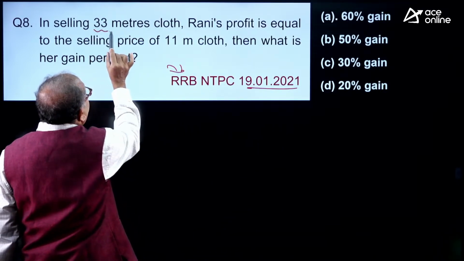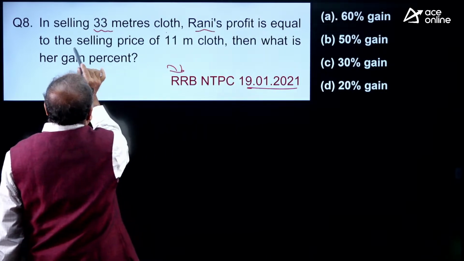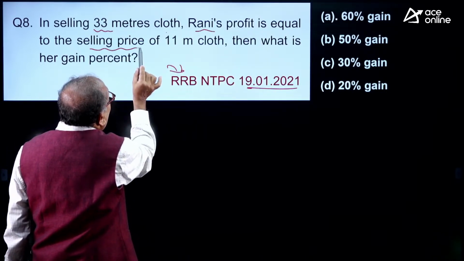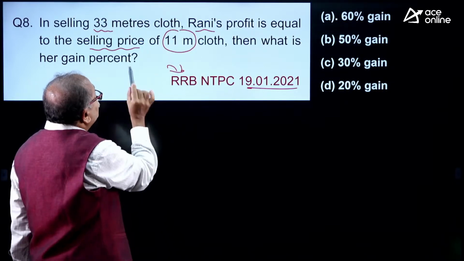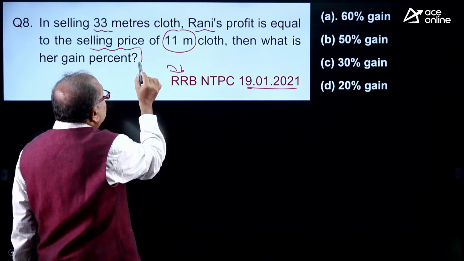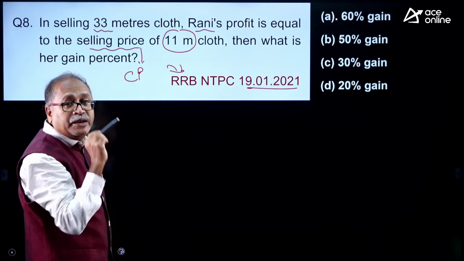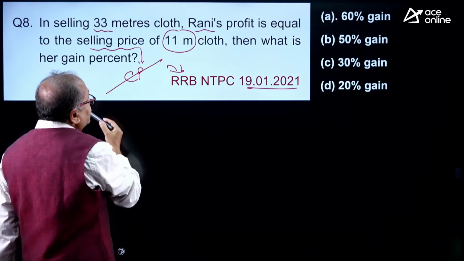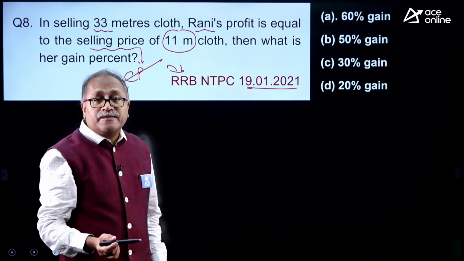By selling 33 meters of the cloth, the profit is equal to the selling price of 11 meters. Okay, you get two types of question. One is selling price of 11 meters, another one is the cost price of 11 meters. So, in this case it is said selling price of 11 meters. So, what is the profit percentage?